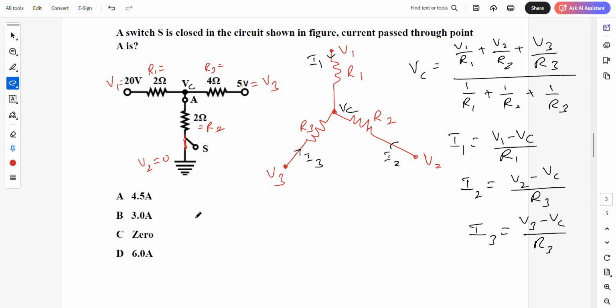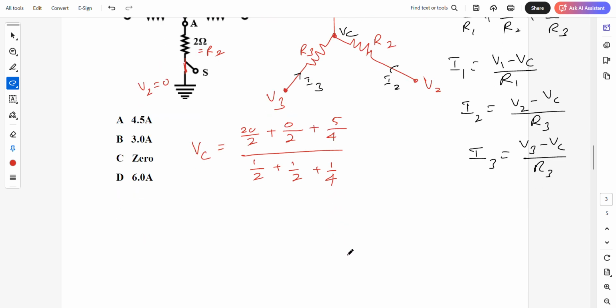Now use the formula. VC is equal to V1 by R1, that is 20 by 2, plus V2 by R2, which is 0 by 2, plus 5 by 4, divided by 1 by 2 plus 1 by 2 plus 1 by 4.